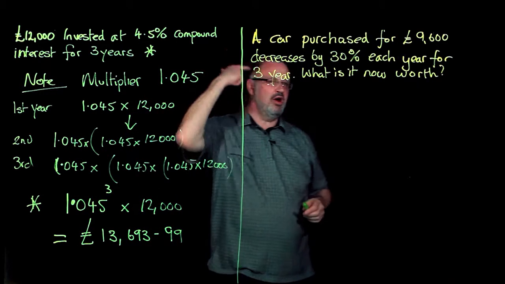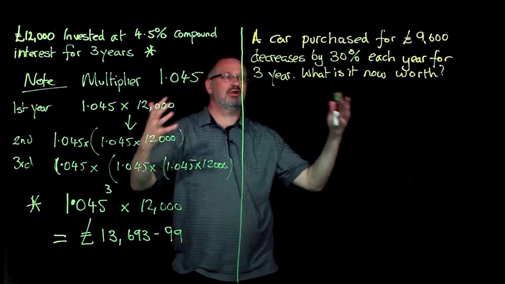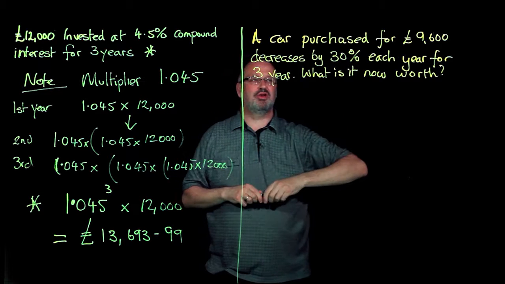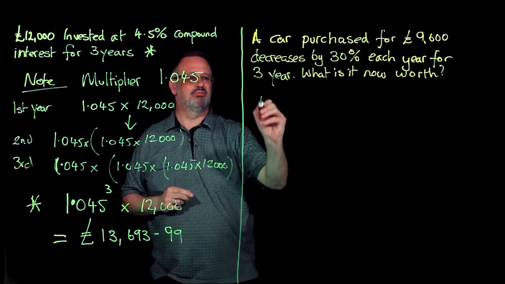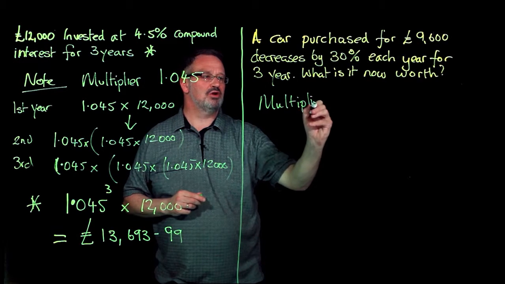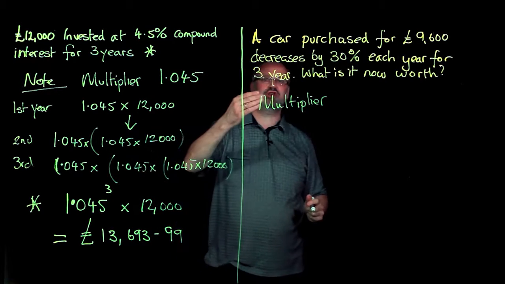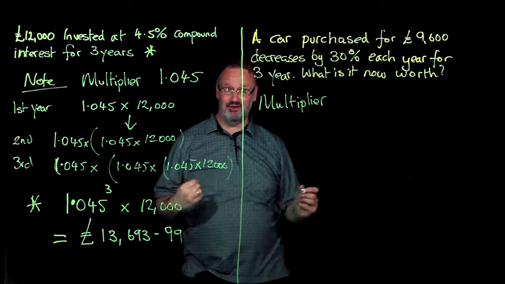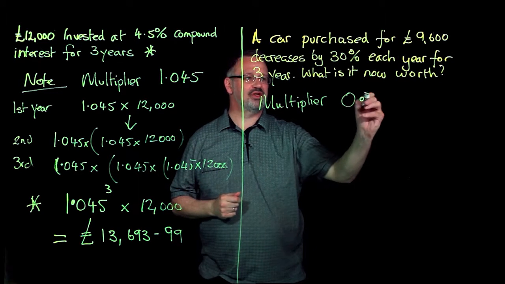For this one here, back of my mind, immediately the car's going down in value, so I know that my answer is going to be less than 9,600. So the multiplier, in this case, is going to be, well, if it's going down by 30%, I am left with 70%. 70% is 0.7.